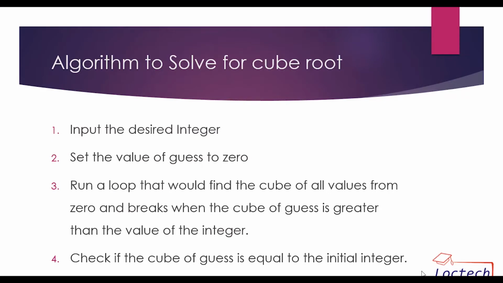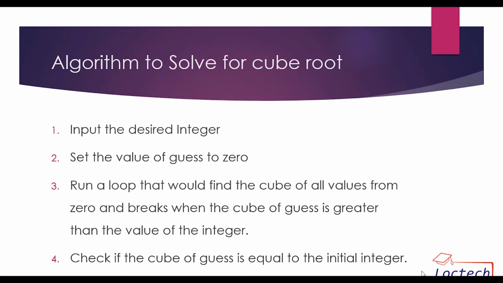The first step is that we input the desired integer. We set the value of a guess to 0. We run a loop that finds the cube of all values from 0 and breaks when the cube of guess is greater than the value of that integer.